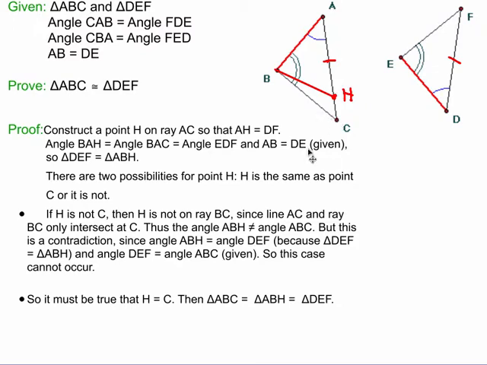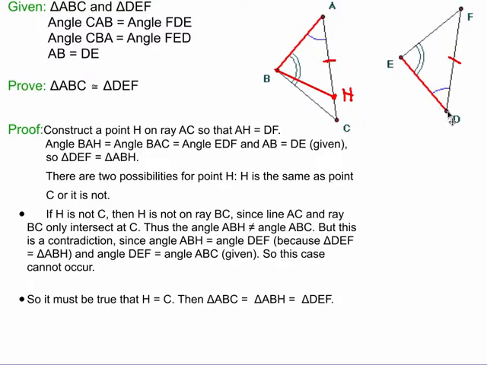Okay, well, if that's true, AC and BC only intersect at C, so H is not on BC. And if H is not on BC, then angle ABH is not equal to angle ABC. But this is a contradiction, because we've proven via side-angle-side that triangle ABH is congruent to triangle DEF, which means that angle ABH equals angle DEF.